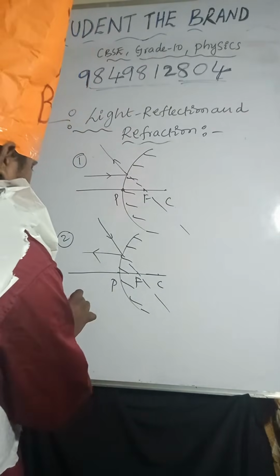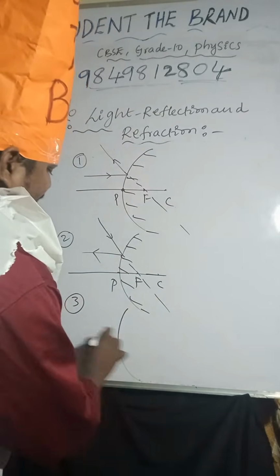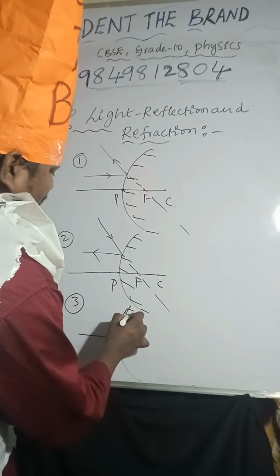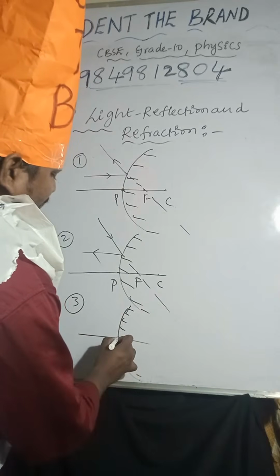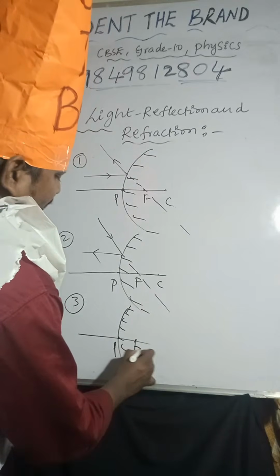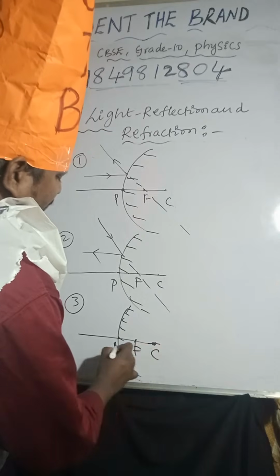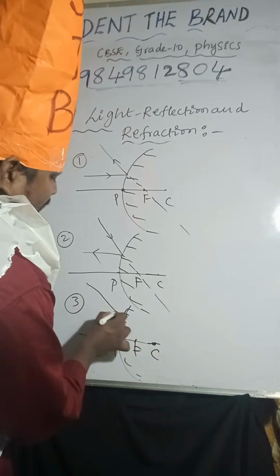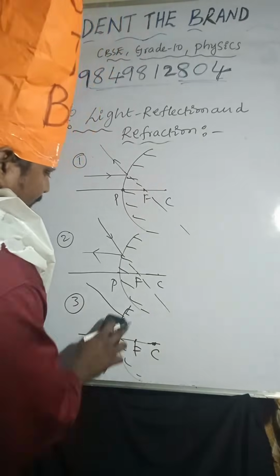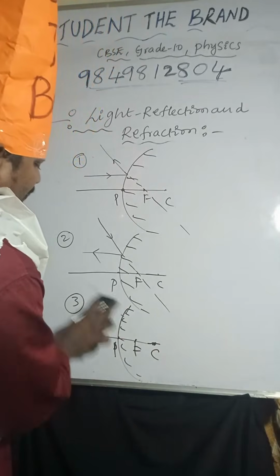And coming to third one, light ray is passing through center of curvature. This is the pole, focus, center of curvature. Light ray is passing through center of curvature, it retraces its original path.